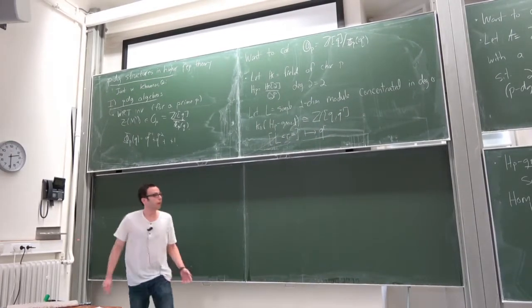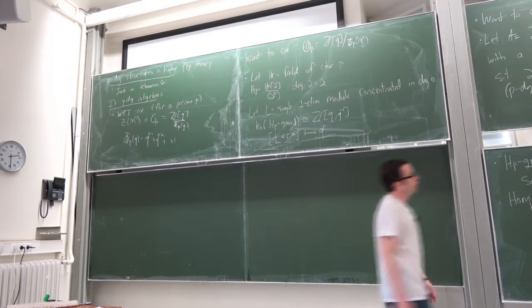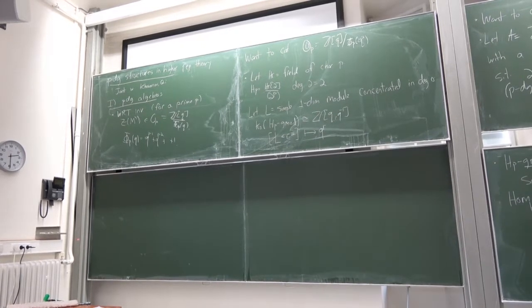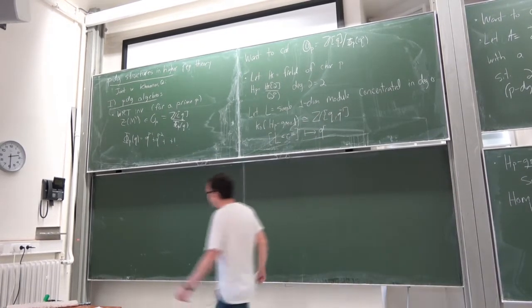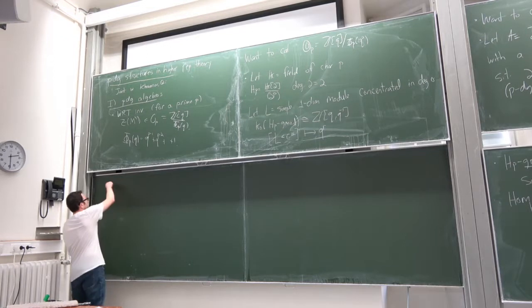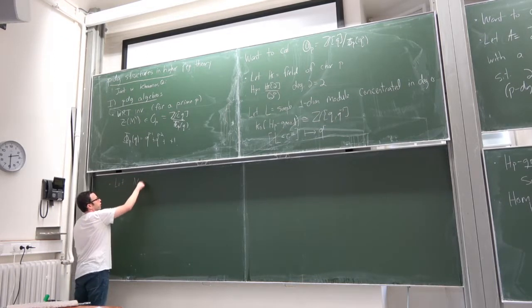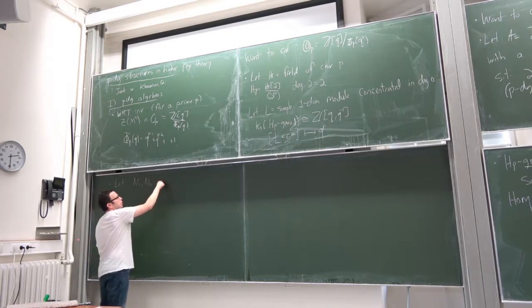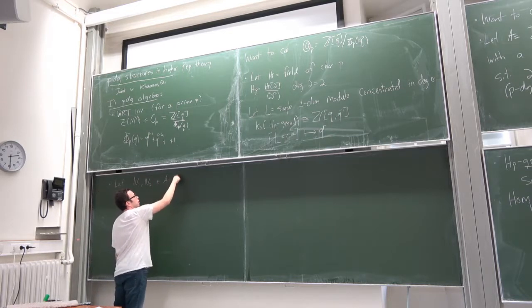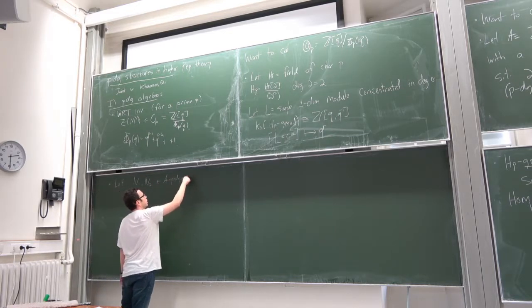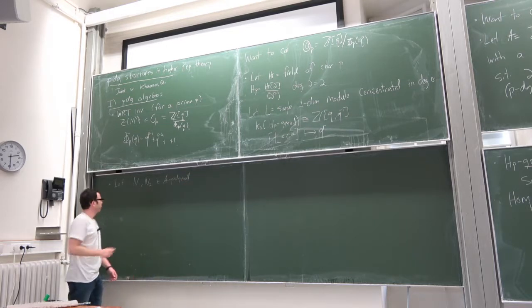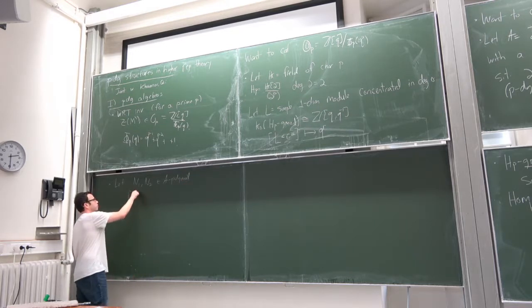And so I wanted to make a further categorical construction on this category A-PDG-mod. So let's take two PDG modules over A, and let's have a morphism between the two.